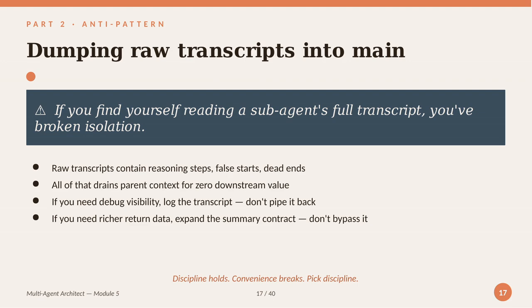Add a debug field. Add an evidence array. Whatever you need, but make it part of the schema, not a backdoor. Discipline holds. Convenience breaks. Pick discipline every time, especially when the temptation is highest. If you find yourself reading a subagent's full transcript at runtime, you've broken isolation. Audit the system. Tighten the contract. Don't let it happen twice.